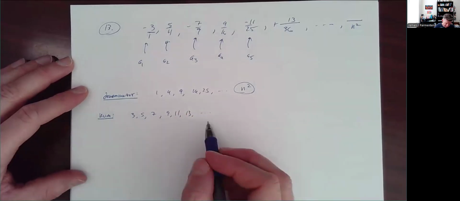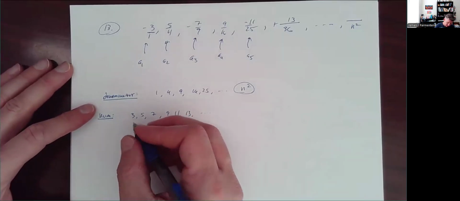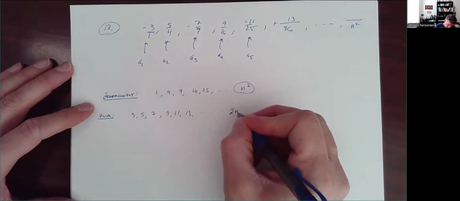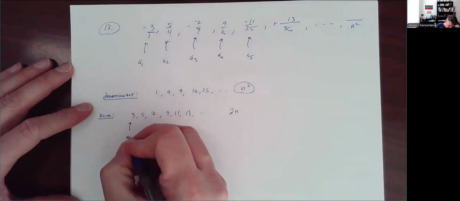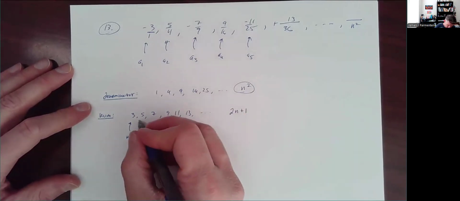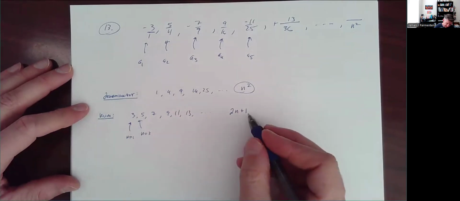If we're increasing by 2 every time, we know it's going to be 2 times n. But when n equals 1, 2 times 1 is 2, so I need to add 1. Then n equals 2 works, right? 2 times 2 is 4, plus 1 is 5. Oh yeah, it seems good.